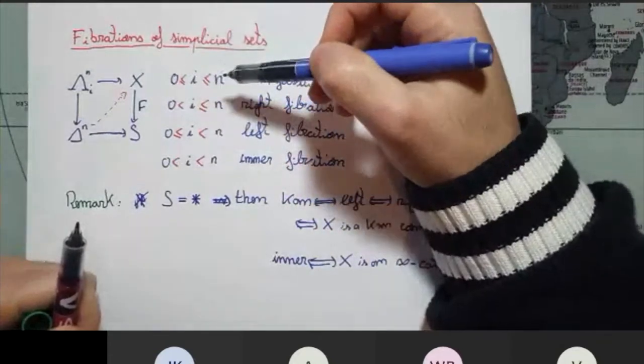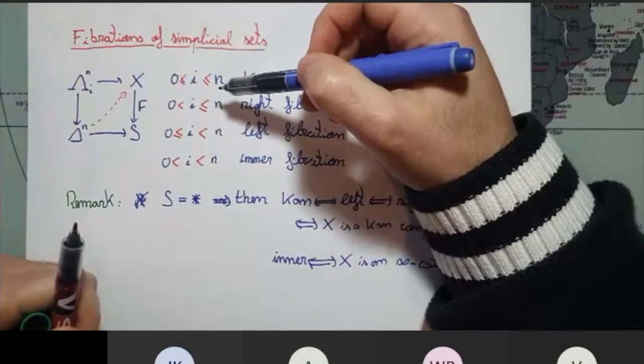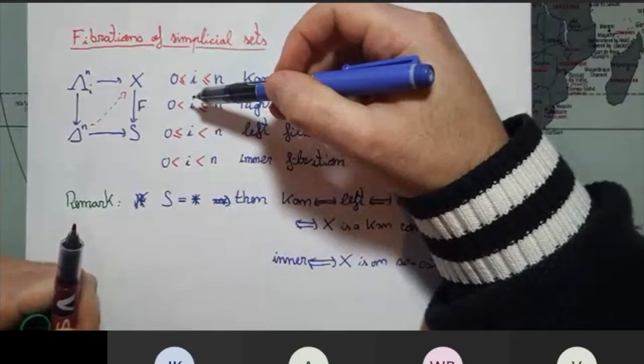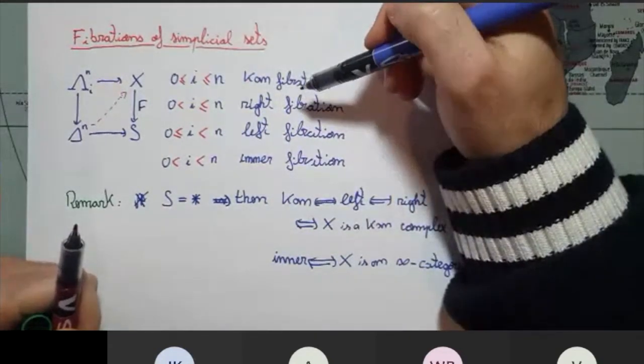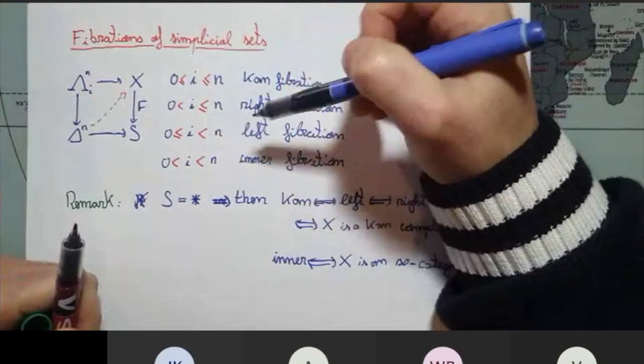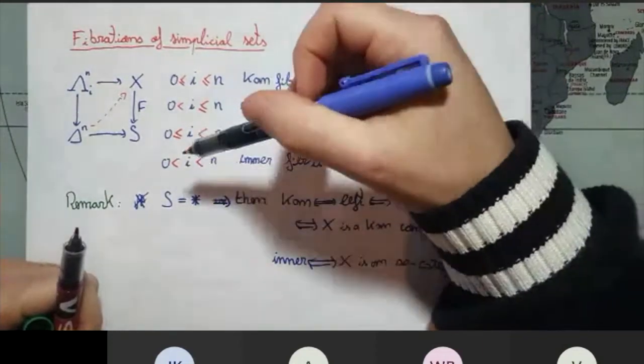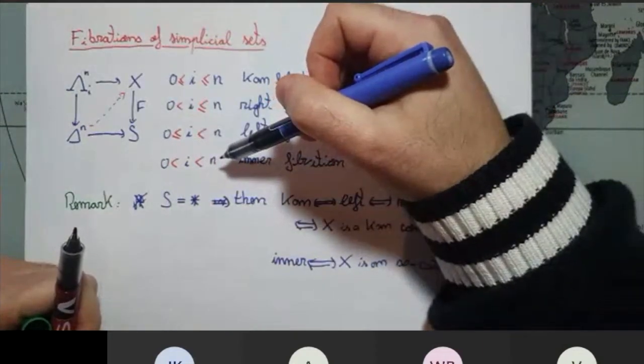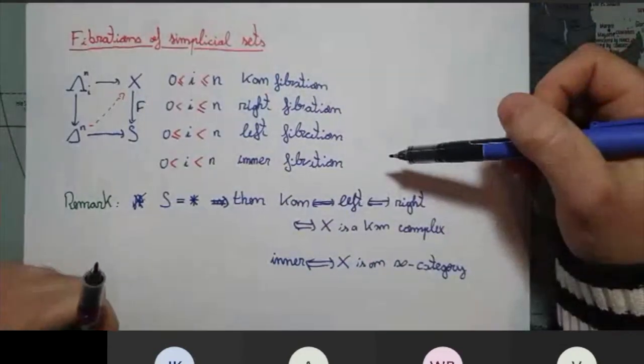If we can lift all the horns but the bottom one, it is a right fibration. If we can lift all the horns except the top one, then it's a left fibration, and if we can lift all the inner horns, then it's an inner fibration.